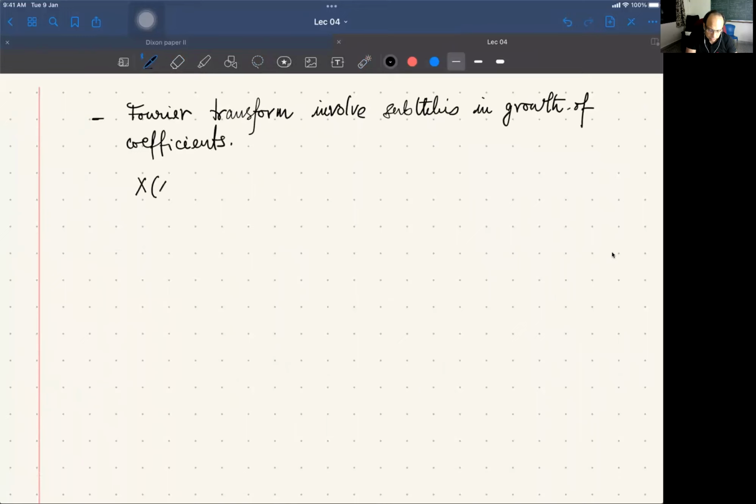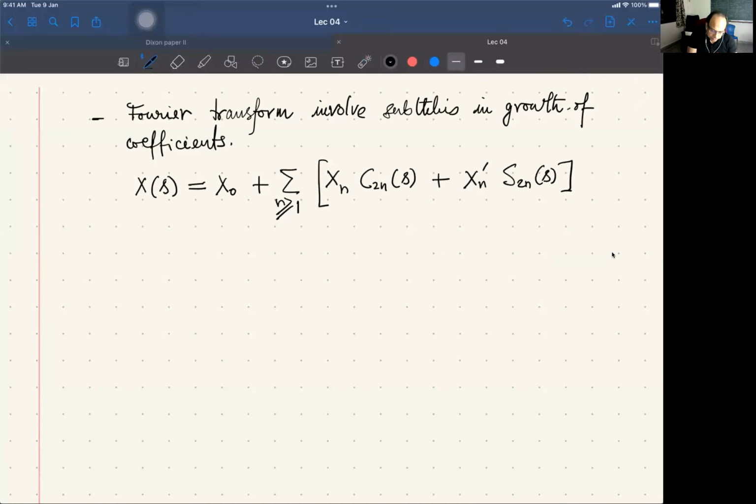So suppose you write x of s is equal to x0 plus sum over n greater than or equal to 1 of xn c2n s. I'm simply using Fourier's theorem here, and xn prime is s2n s, where c2n s is cosine 2n pi s.